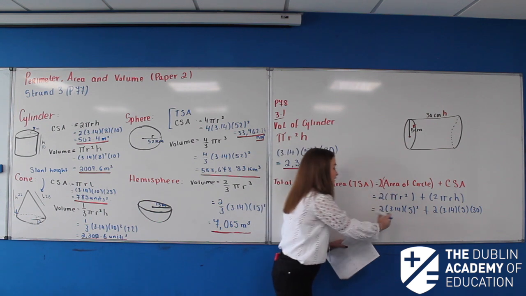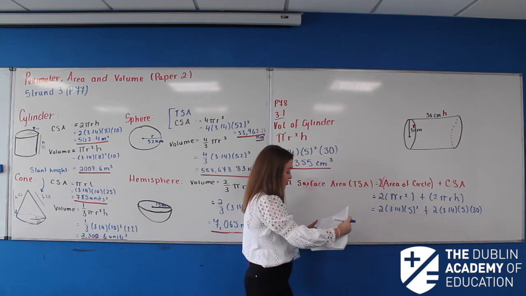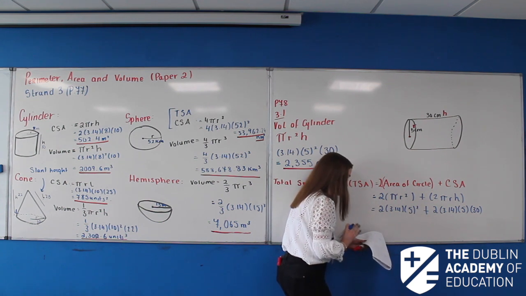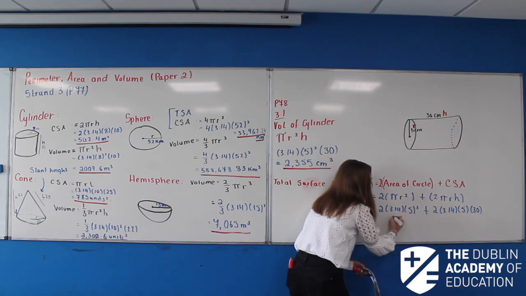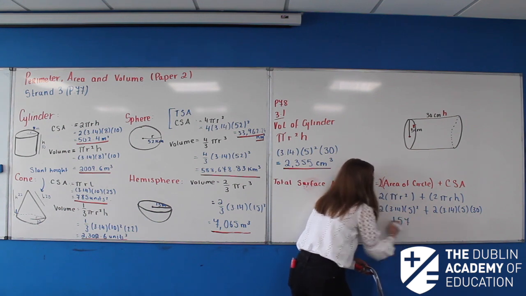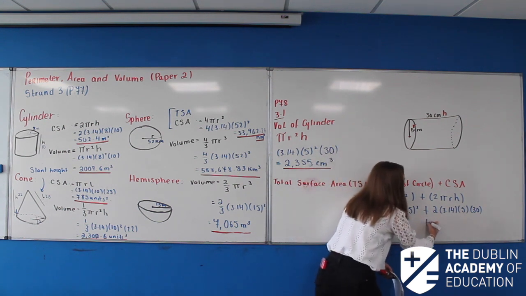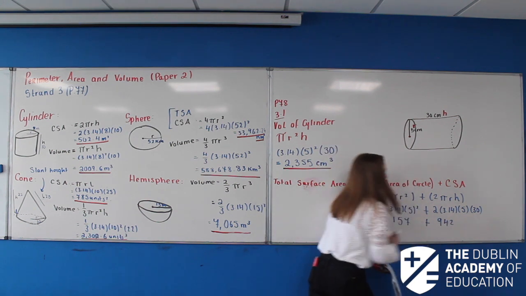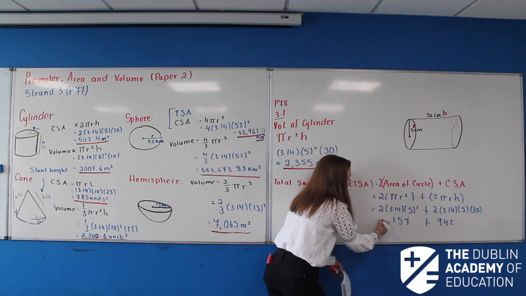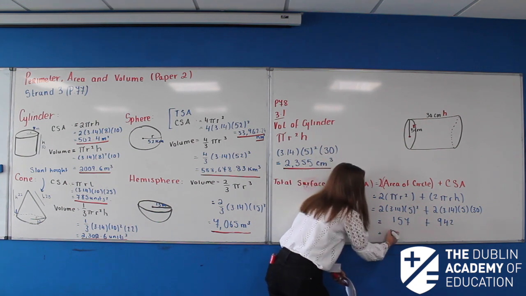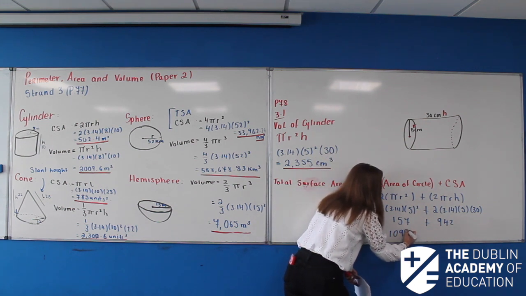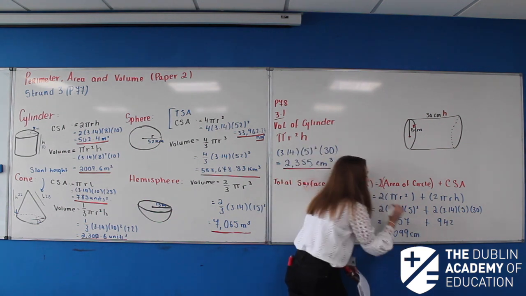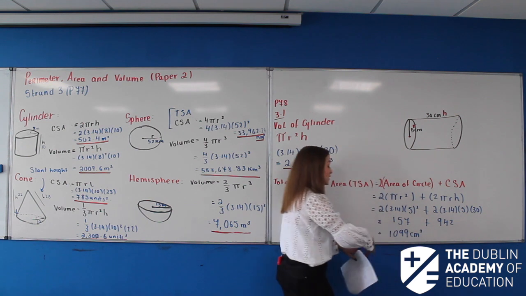So this side is my area of the circle, the far side is my area of a curve. Plug this side in, what we're going to get out for the 2 circles is going to be 157. On the far side for our curved surface area, 942. Add these 2 together, so once we add them together, we get 1,099, and look at our units, centimetres, and area is always squared.